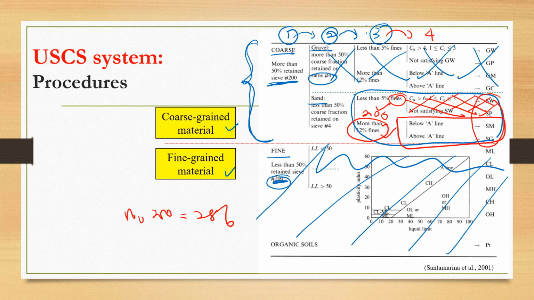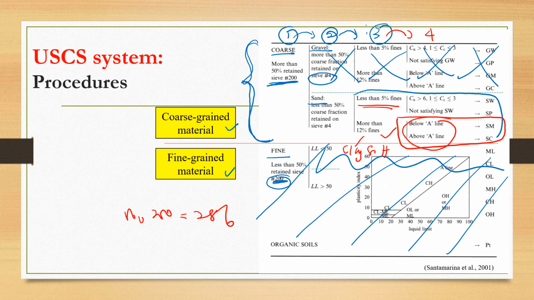Now, because it has fines of more than 12%, that is considered a sufficient amount of fines to identify whether the fines are clay or silt. If your answer is this one, they don't even ask you about below the line or above the line, because with less than 5% we assume it's not a sufficient amount of fines to influence the behavior of that particular soil.